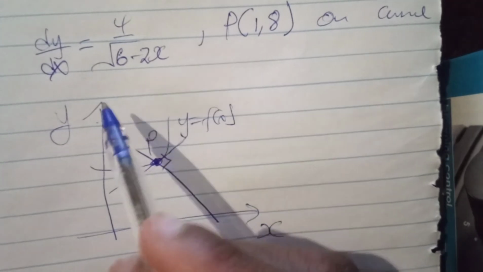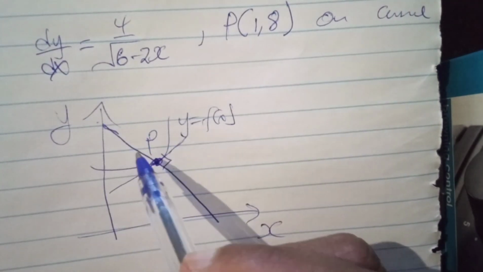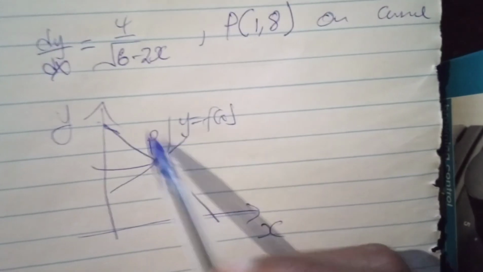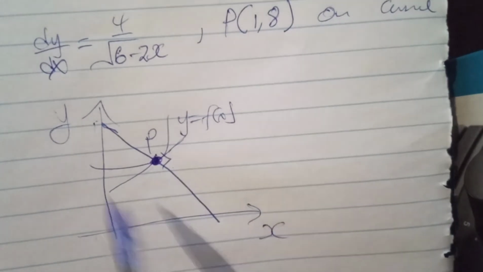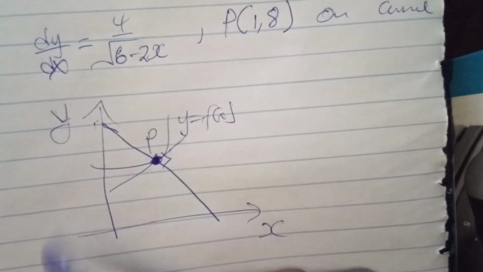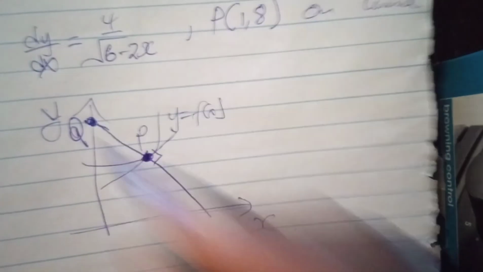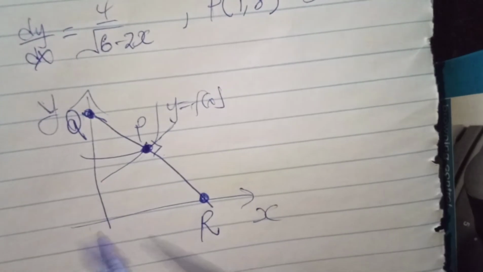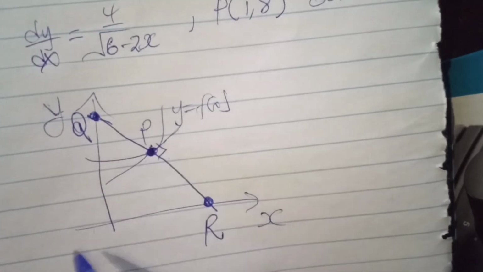They say that the normal to the curve at point P meets the coordinate axes. The coordinate axes will be the y-axis and the x-axis. So it meets at Q. Say the point here is Q, and the point here is R. Find the coordinates of the midpoint of QR.